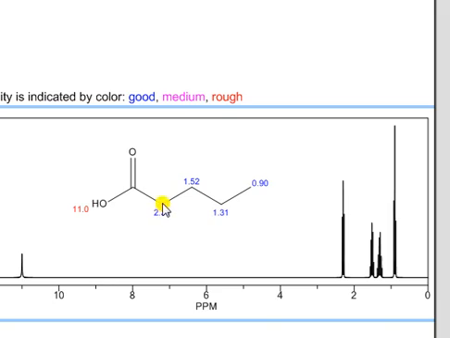Practical value is showing 2.20. This is 1.52, 1.31, and this is 0.90. Practical value is 0.78. So the pattern is the same.